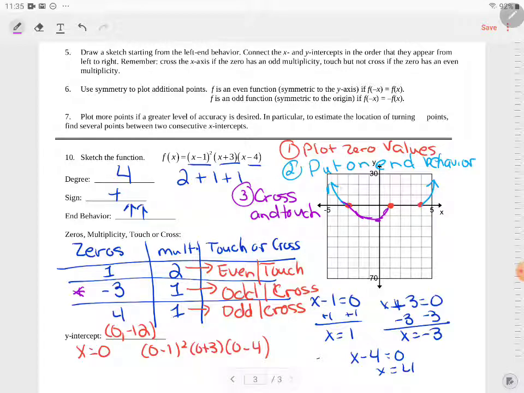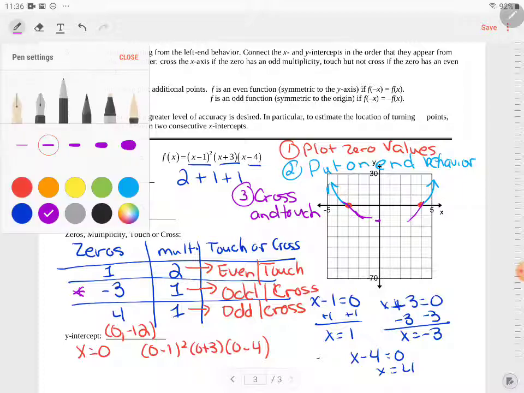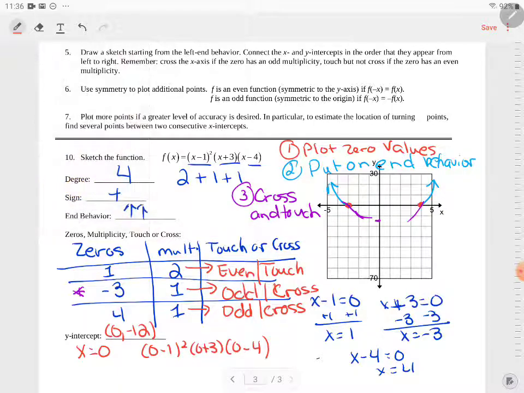Now, look at 1. 1 is even. So that's a touch. A touch is where you stay on the same side. That's a touch. And then we cross it. So let me put my 1 back here.